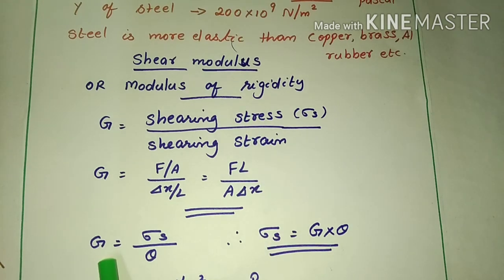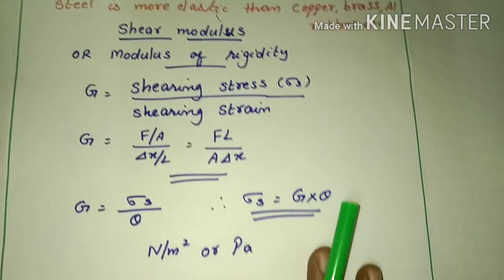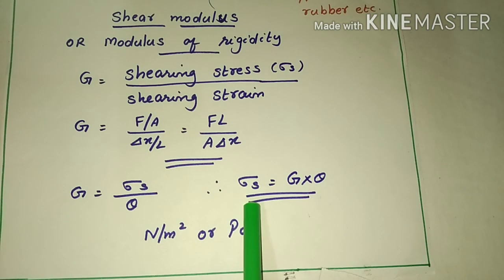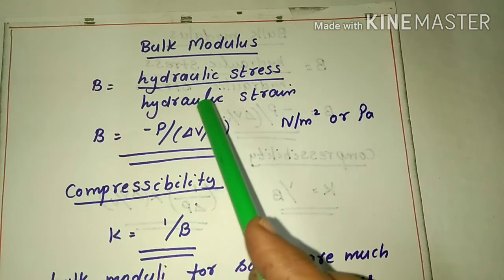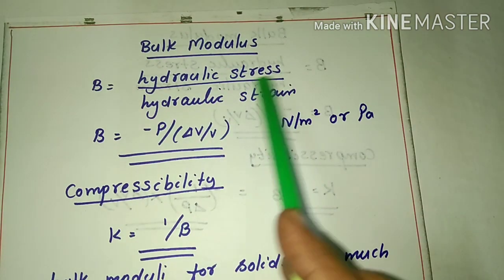So, we can write G equal to shearing stress sigma divided by shearing strain theta. So, shearing stress sigma S equals G times theta, and the unit of modulus of rigidity is Newton per meter square or Pascal.